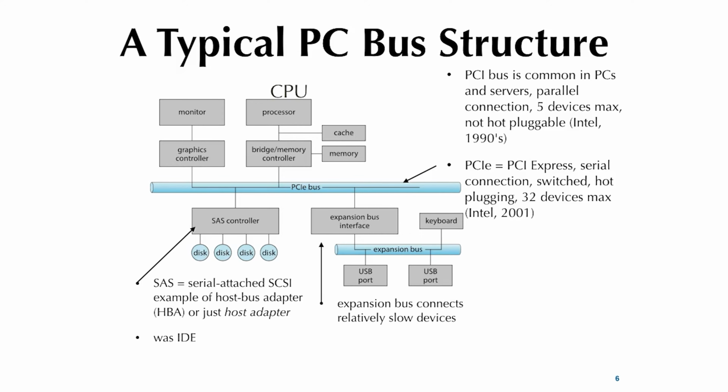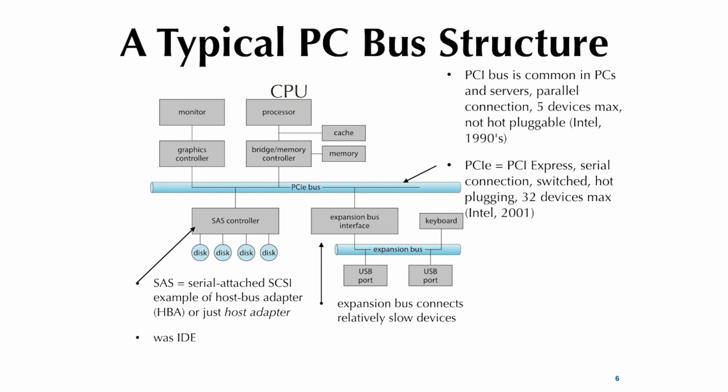And it's bulky. Your connector has to be very big to have several dozen wires. And so they don't scale as well. About 5 devices max. And in fact, they're not hot pluggable. While the PC is running, if you try to unplug one of these, you crash the whole thing.